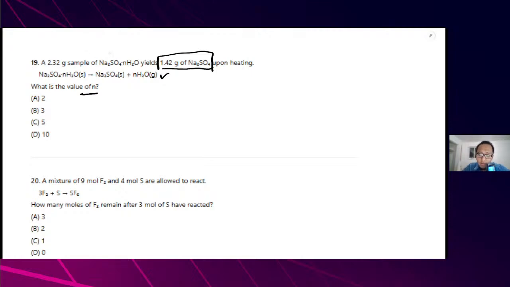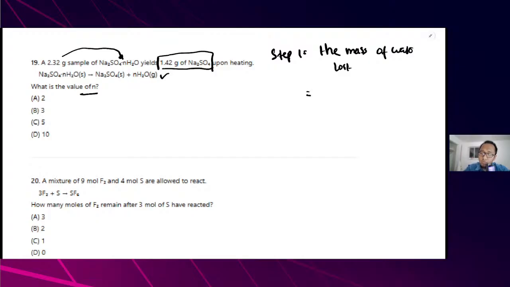Okay, so if you look at this part, it is the hydrate. So the first step is we need to calculate the mass of water loss.